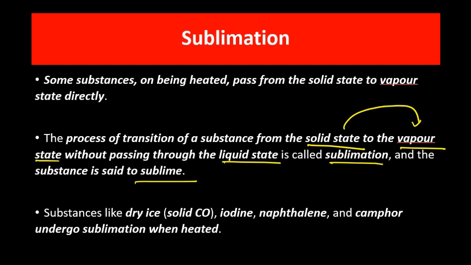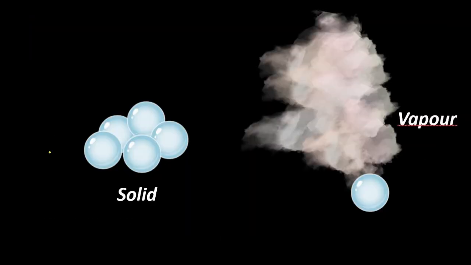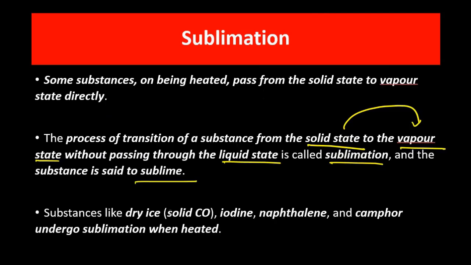Common examples of substances which go from solid to vapor state directly are dry ice, which is solid CO2, iodine, naphthalene, camphor, and other substances, but these are common.